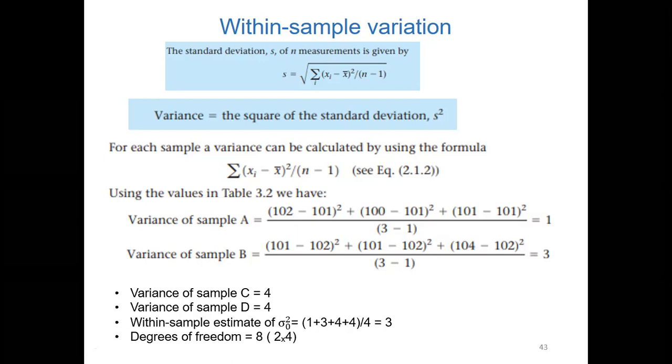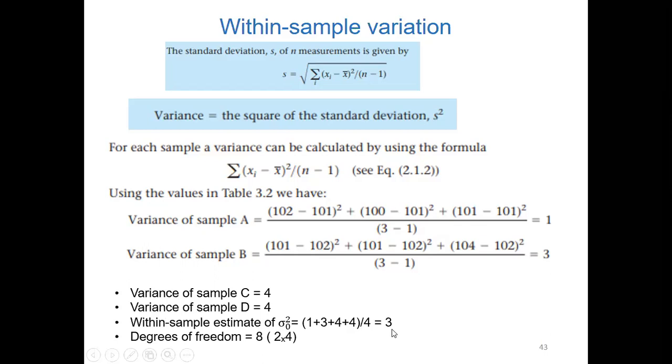And within the sample estimate, the variance within the sample, we can add all these 4 values and take the mean. So we add 1, 3, 4 and 4, and since there are 4 variances, we divide this number by 4. Then the within sample variance we get is 3.